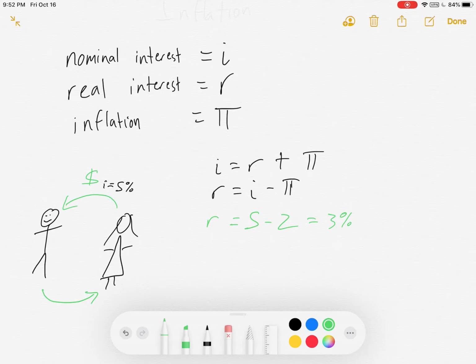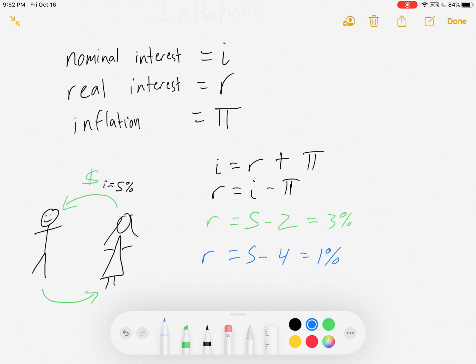The reason it's lower than the nominal interest rate is because inflation takes away some of that cost of borrowing the money, because the dollars you give back aren't worth as much as the dollars you borrowed. Now we could do a different example. Say the government changes its target to 4%, then the real interest rate would be 5 minus 4 would be 1%. Wow, if that were the case, then a nominal interest rate of 5% would be even better.